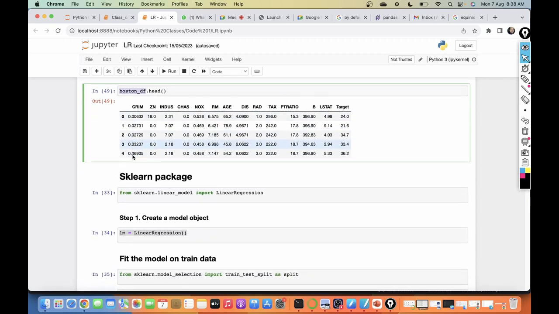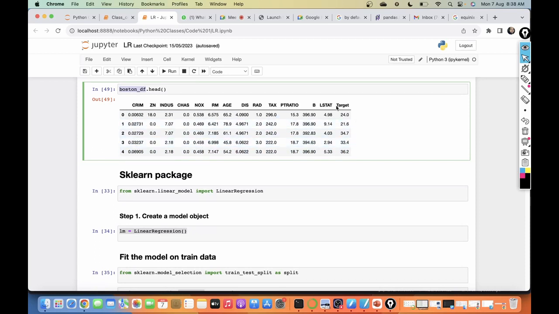Okay, right. So here this column is our target. Target here refers to the y, and the rest till L start is our independent variables. Let's say x1, x2, x3, x4 till xn, right?